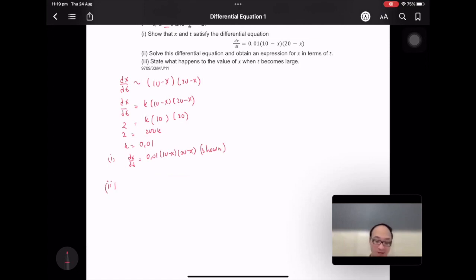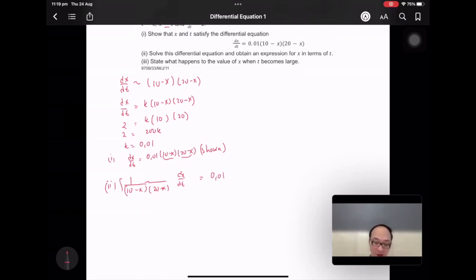Second, solve this differential equation and obtain an expression for x in terms of t. So we solve this, we see that x is on the right side, so we can move it to the left. So 1 over (10 minus x)(20 minus x) dx/dt equals 0.01.